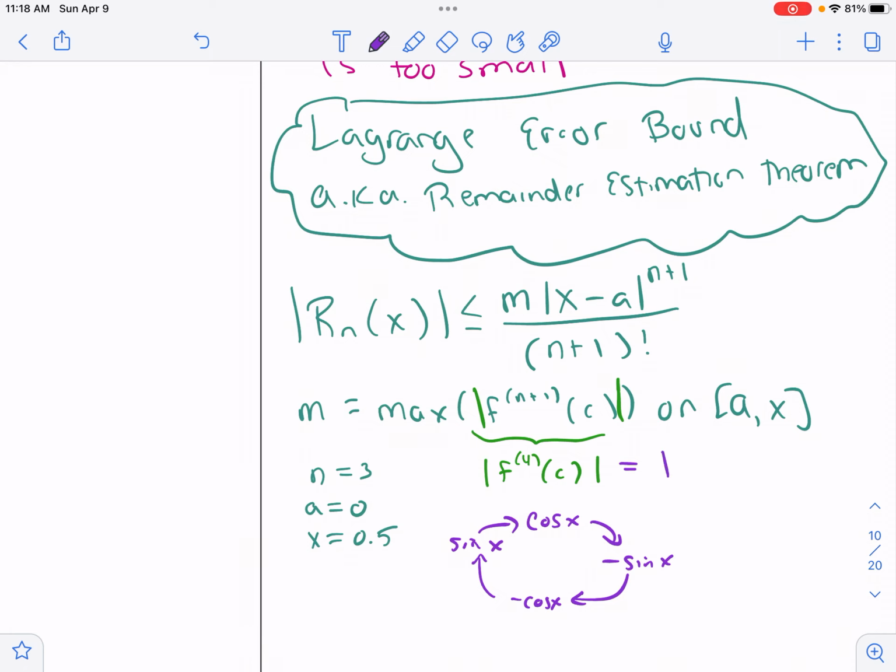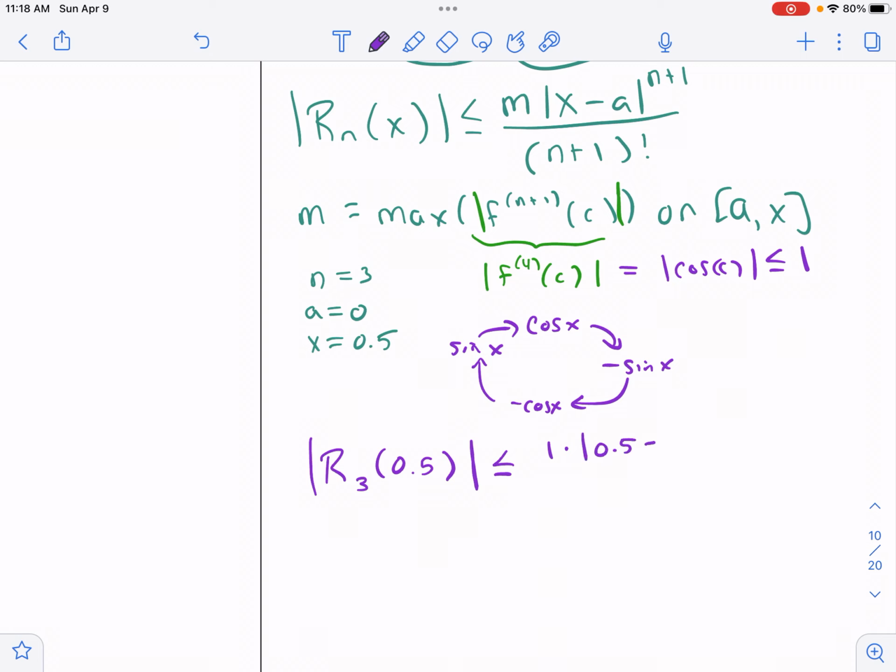Okay, and that'll never be bigger than 1. We usually use 1 for the sine and cosine ones. That'll be fine. So I've got that my error R3 of 0.5, the error when approximating the function at 0.5, would be 1 times the absolute value of 0.5 minus 0 to the 3 plus 1, divided by 3 plus 1 factorial.